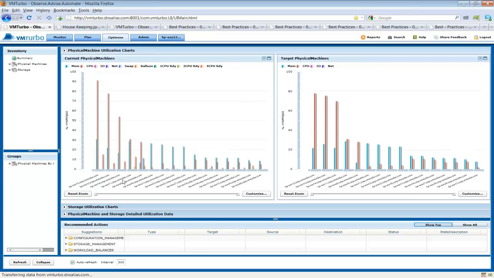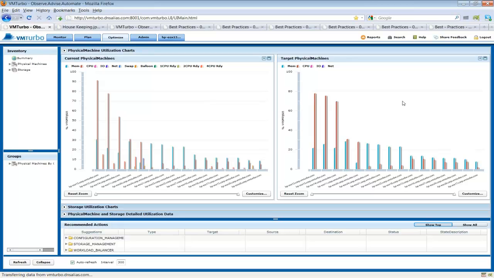Here are all the physical machines, and they are consuming resources based on the virtual machines in residence. This particular physical machine has a CPU utilization in excess of 90%. Now, please don't think this is a threshold-based system. We're just saying that this is uneven because there are many machines with a much lower utilization level. And here we can see the other contributing resource consumptions: memory, CPU, IOPS, ballooning, swapping, 1, 2, and 4 CPU ready states.